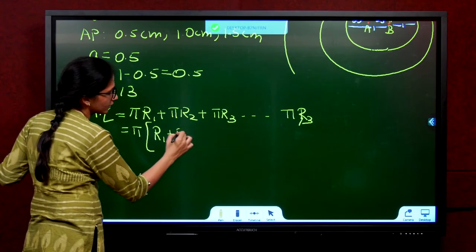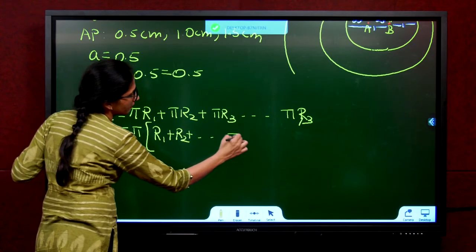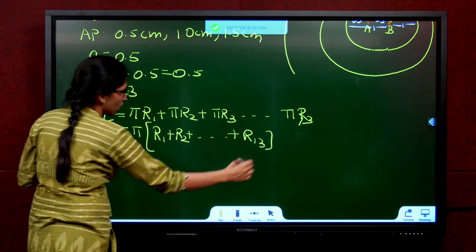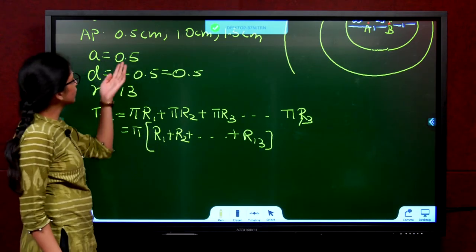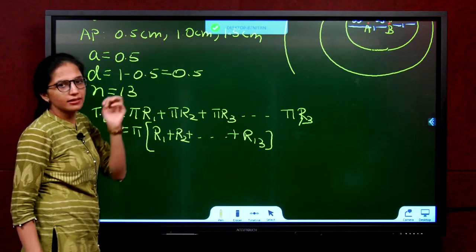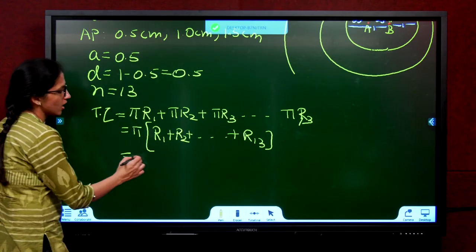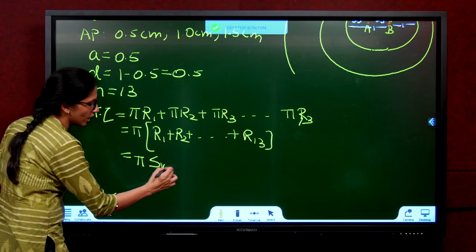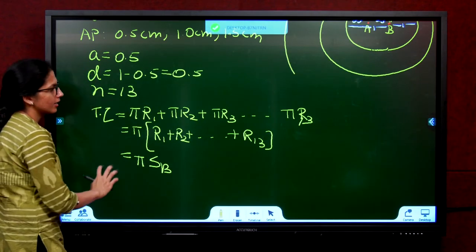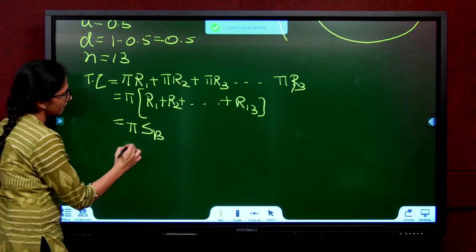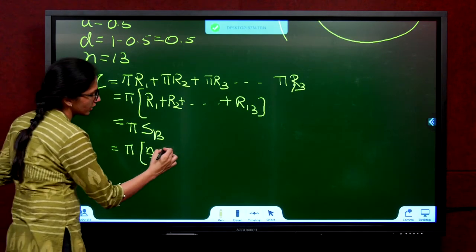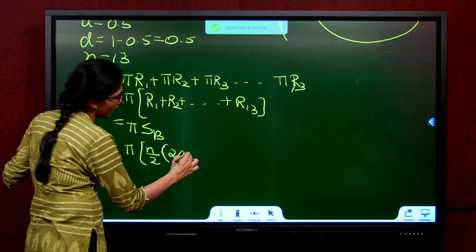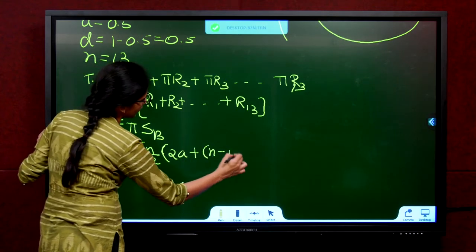Pi into r1 plus r2 plus dot dot plus r13. r1 plus r2 plus up to r13 is nothing but your AP, a1 plus a2 plus a3 and so on. Agreed? So I can write this as pi into S13. Do you agree? Yes. So now pi into n by 2 into 2a plus n minus 1 into d.